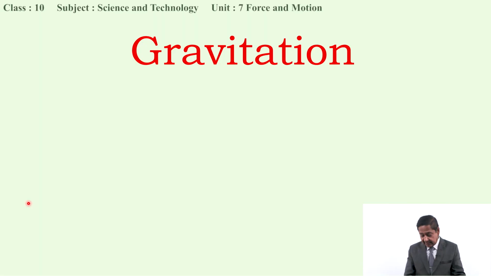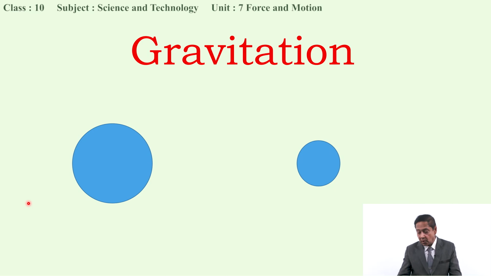Actually, when two bodies are taken, let's say this is one of the bodies and this another one, any two bodies of this universe, maybe sun or earth, maybe stars, or maybe two dust-like particles, or maybe this pen and this duster, anything of this earth or universe, if they have mass, then they attract each other.